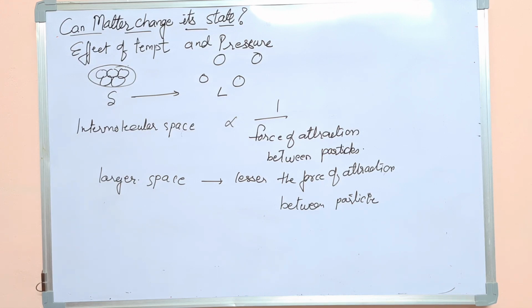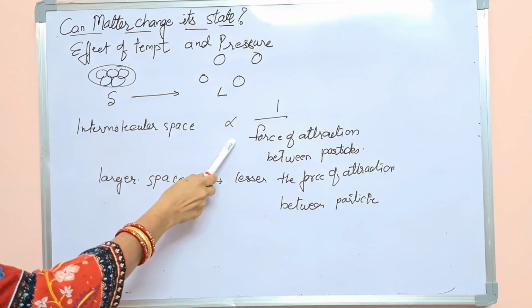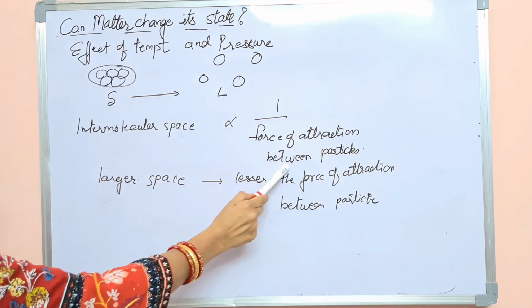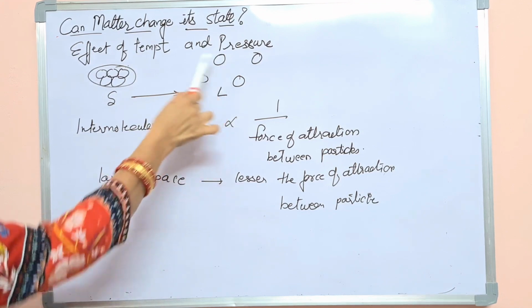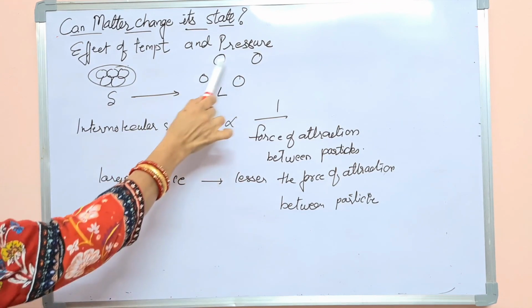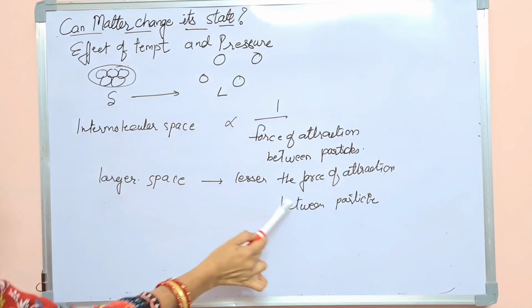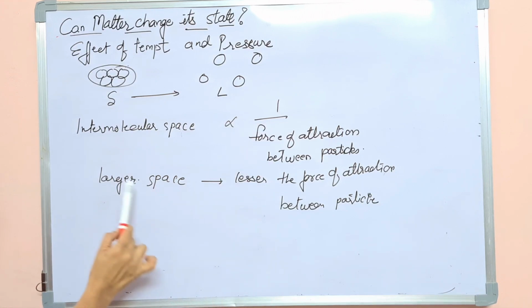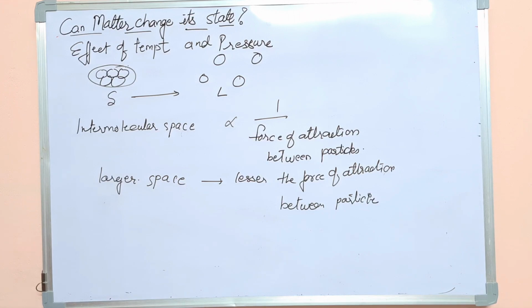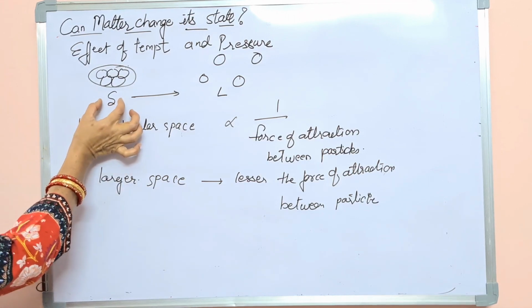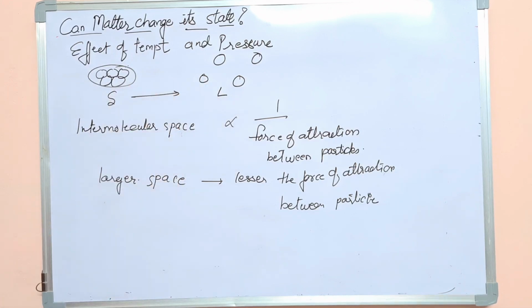So what I said, that intermolecular space is inversely proportional to the force of attraction between the particles. Larger the space, खाली जगह बीच में बहुत ज्यादा है, इसका मतलब इनके बीच में जो अट्रैक्शन है वो अट्रैक्शन कैसा है, कम है. Larger the space, lesser is the force of attraction between the particles. So what happens when we are changing from solid state to the liquid state?